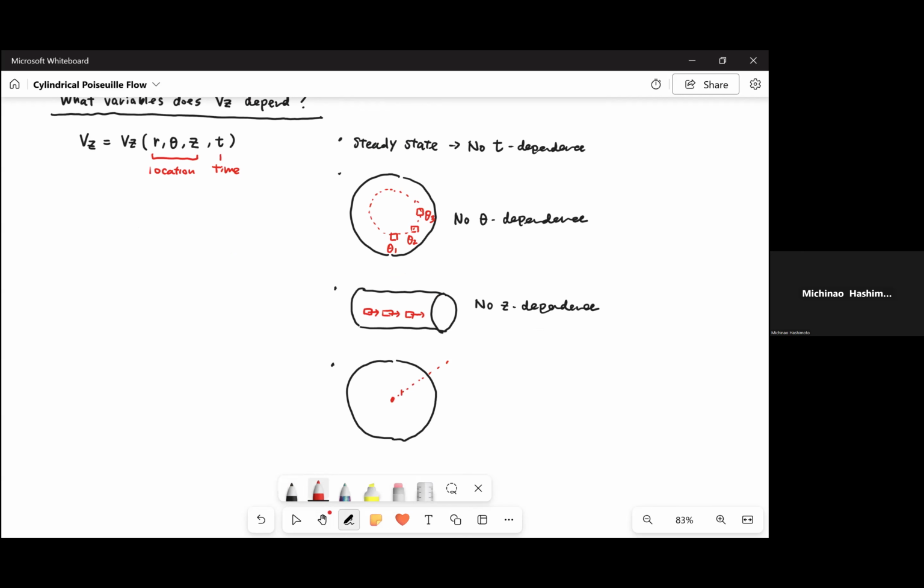If you are comparing the fluid particle at a different location, you consider, let's say, this is R1, R2, and then R3, right? If you compare these three locations, probably we can assume the speed is lower if it is closer to the wall.